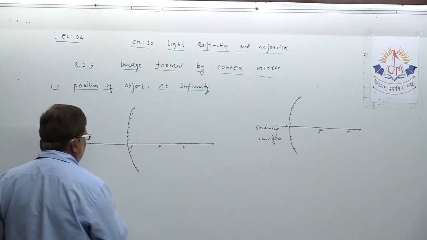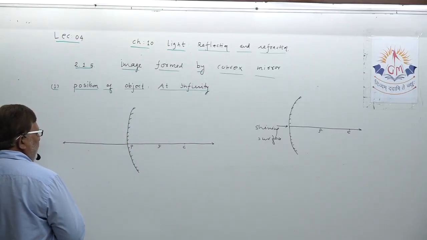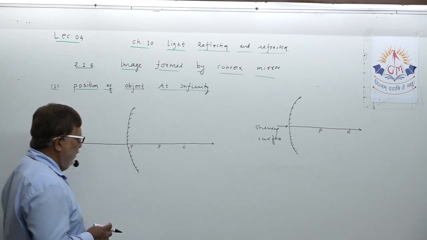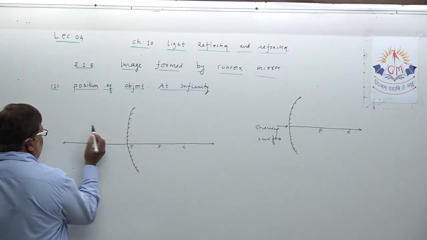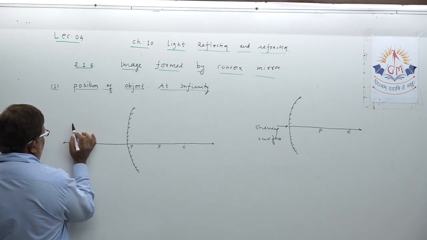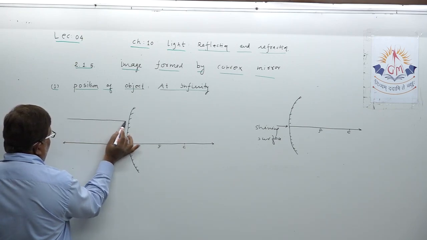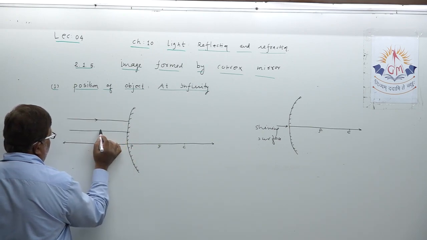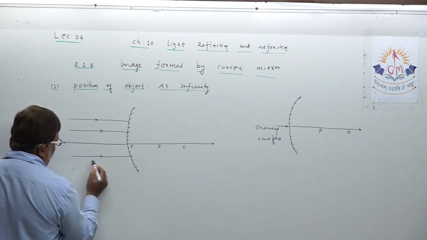Now dear student, where the object is kept at infinity, that means you do not have to show the object, but the rays emerging from the object, by reflection, that I am showing. I am showing two rays here. This is one ray I am showing here. Similarly, two rays I am showing here also.